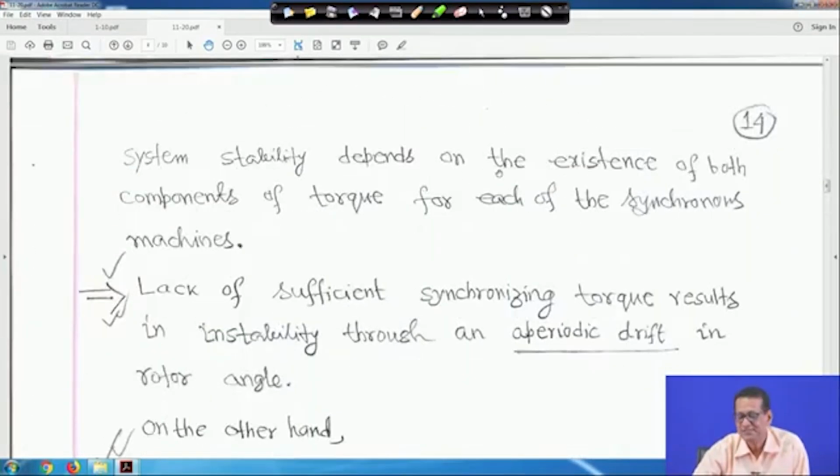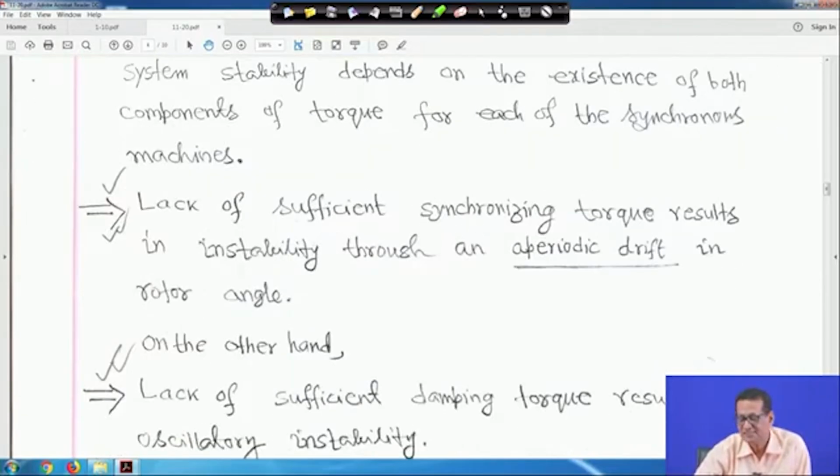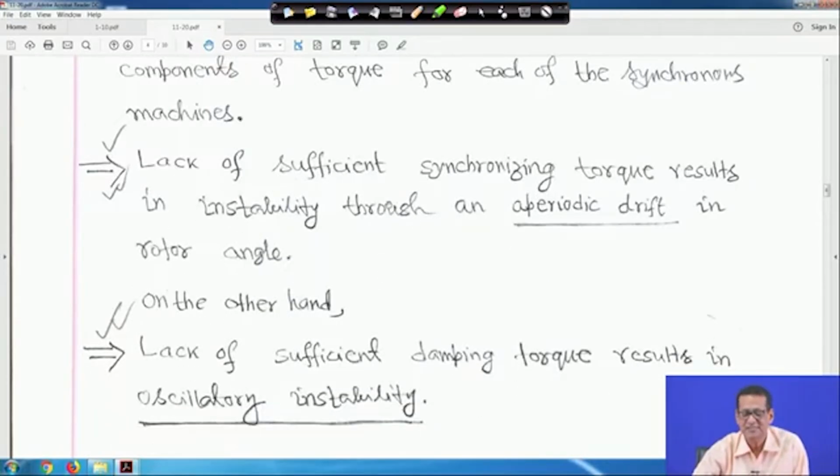System stability depends on the existence of both components of torque for each of the synchronous machines. Lack of sufficient synchronizing torque results in instability through an aperiodic drift in rotor angle. We will take numericals on this later.